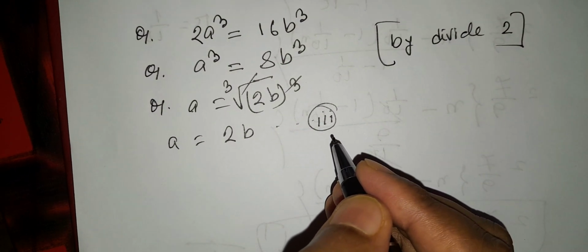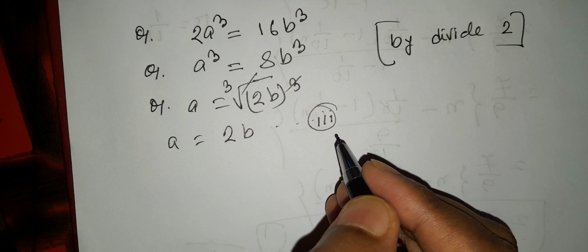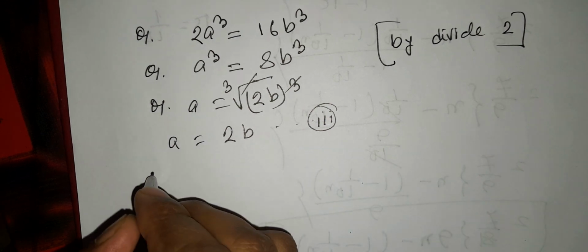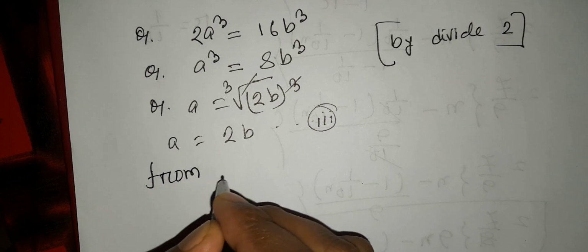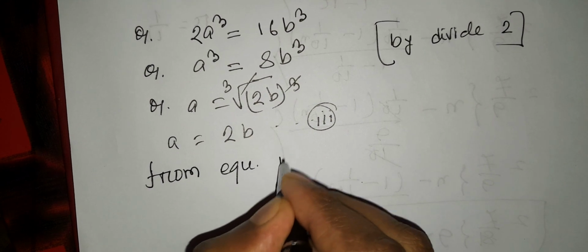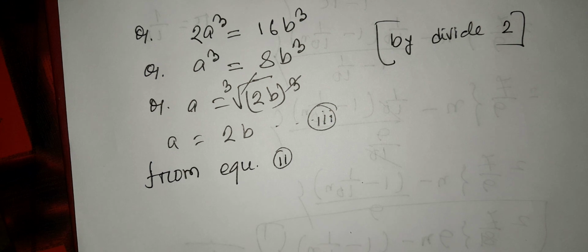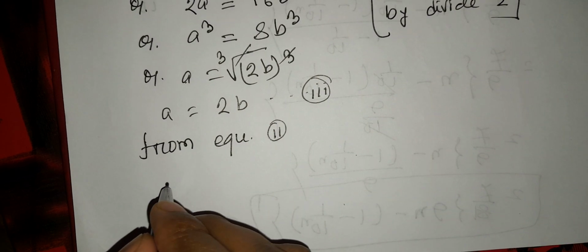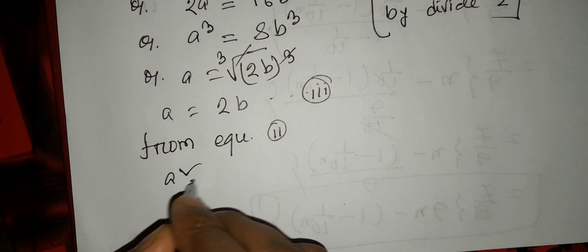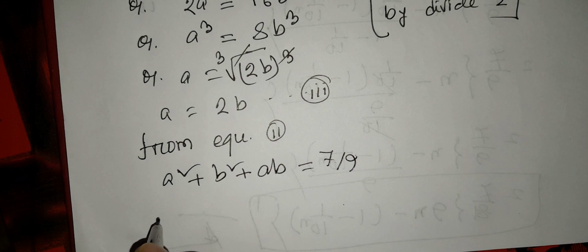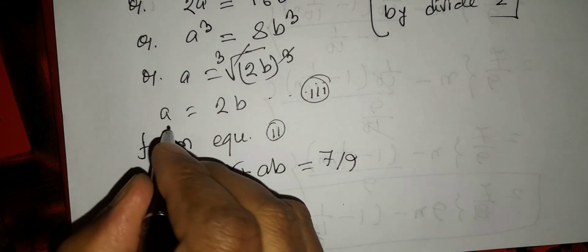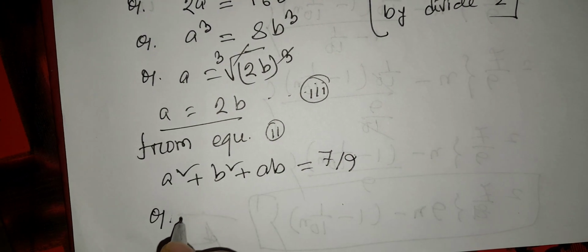We put this value in equation number 2. From equation number 2, a square plus b square plus ab equals 7 by 9. Okay, we use a equals 2b.